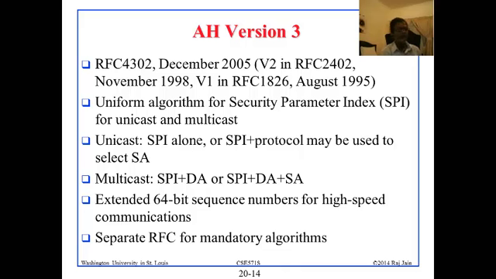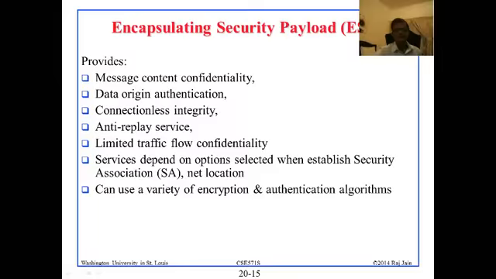So there are some algorithms which are mandatory, which everybody has to implement, and there is a separate RFC which specifies what those algorithms are. So AH version 3 basically has a uniform algorithm for SPI, 64-bit sequence numbers, and mandatory algorithms which everybody has to implement.